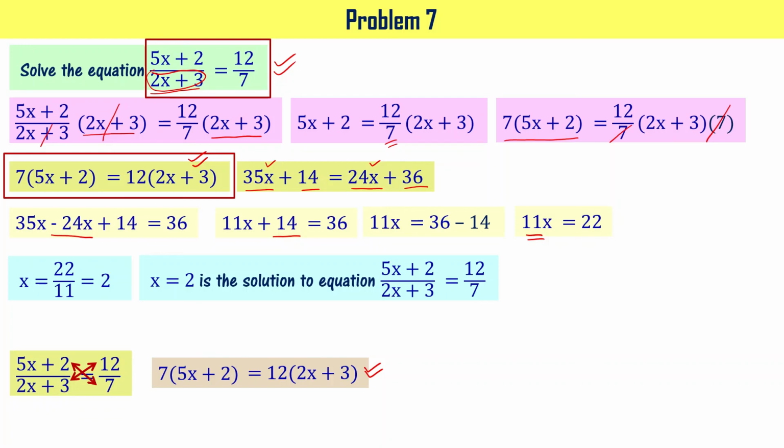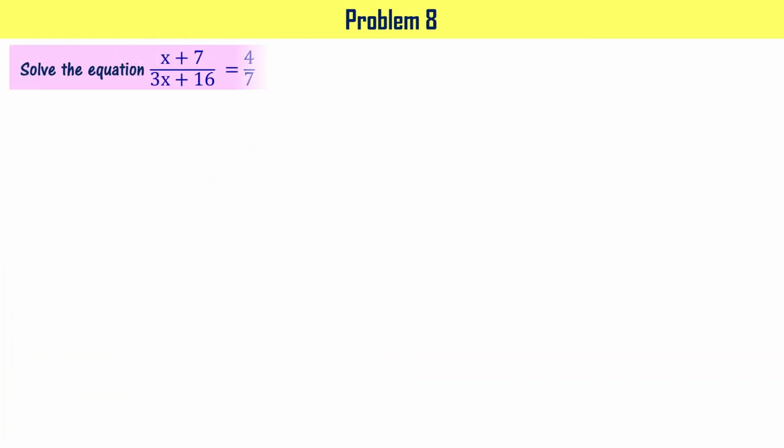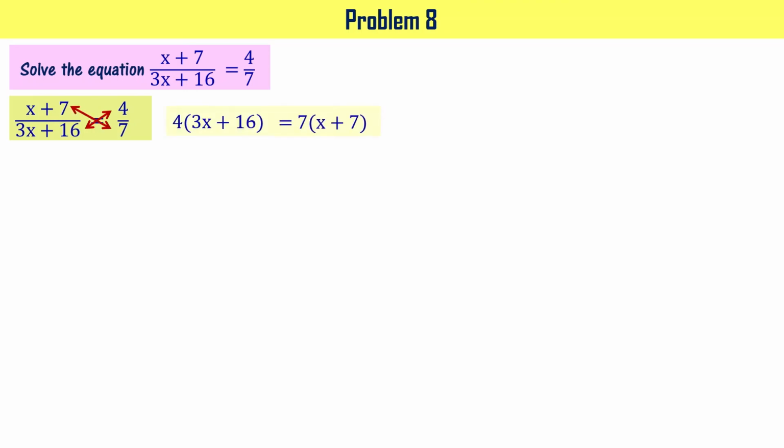Let's try to understand this by solving another problem. Solve the equation (x plus 7) divided by (3x plus 16) equal to 4 by 7. To do that, we said that we are going to use the cross multiplication method, right? So (3x plus 16) times 4 is going to be equal to 7 times (x plus 7), right?